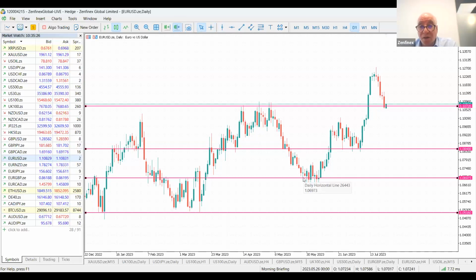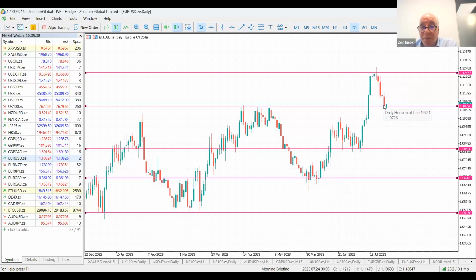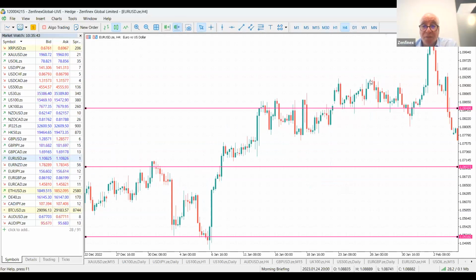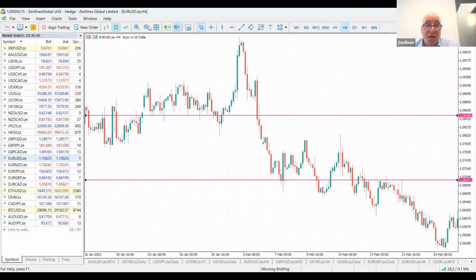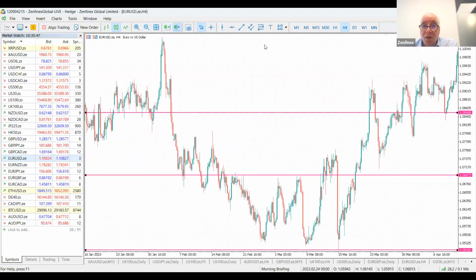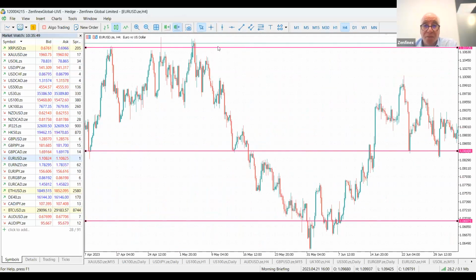The reason for this is that they may act as levels for targets or stops. We've got another one here, a recent high, poke through, came back down, and can now start going to the 4-hourly to see if there's anything that can help us with direction.